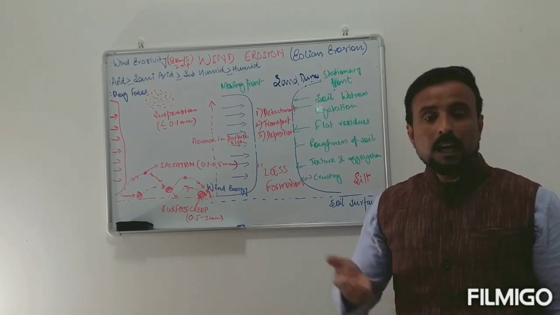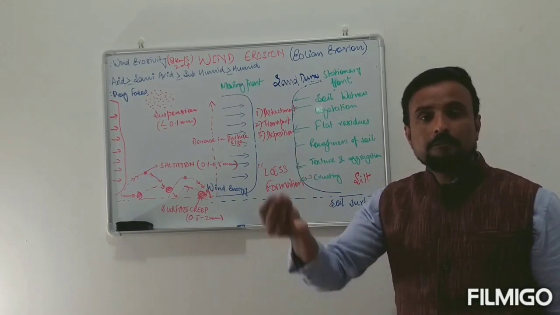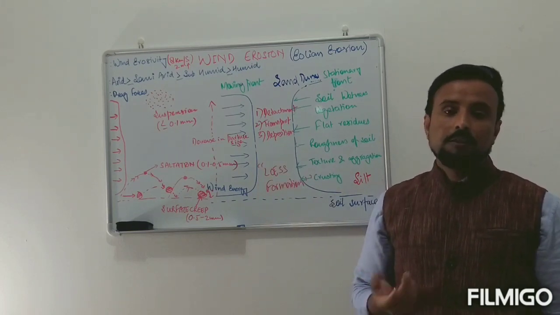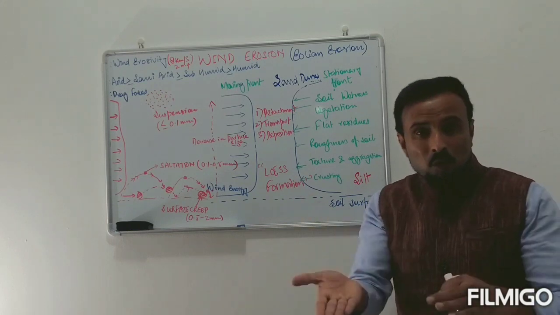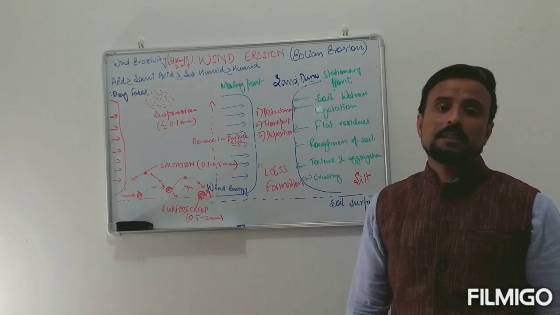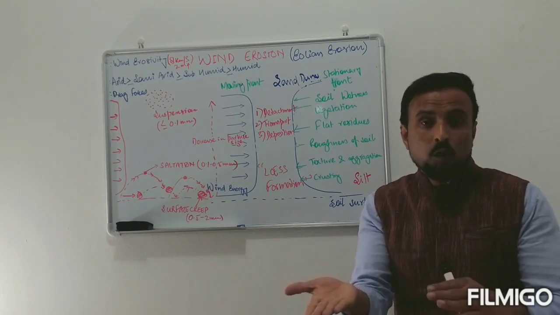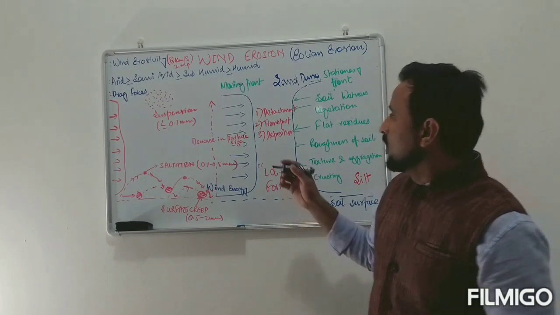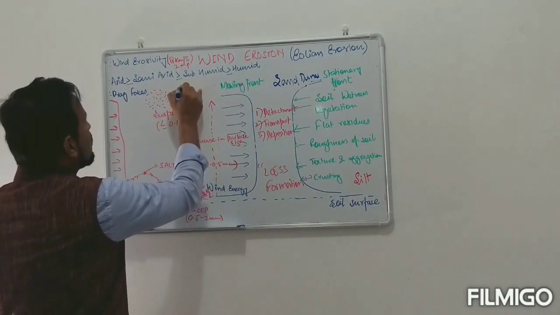If soils are more rough, they have different size particles, gravel content, rock content. The more the bulkiness of the soil, meaning roughness of the soil, the more will be the drag force.